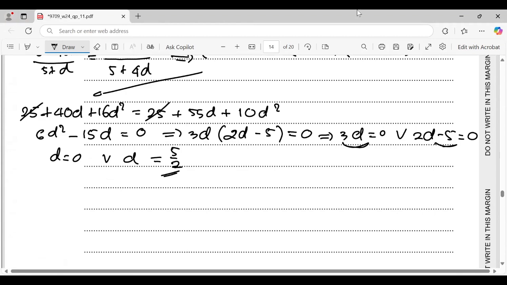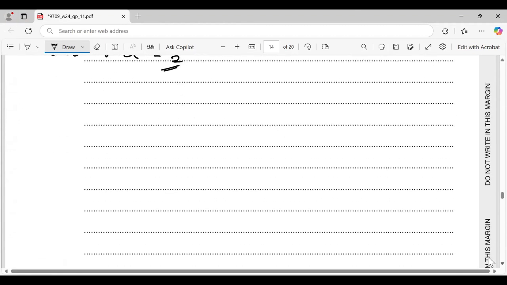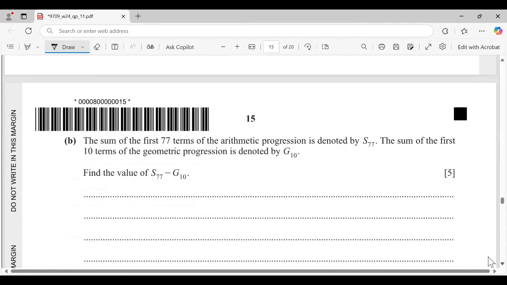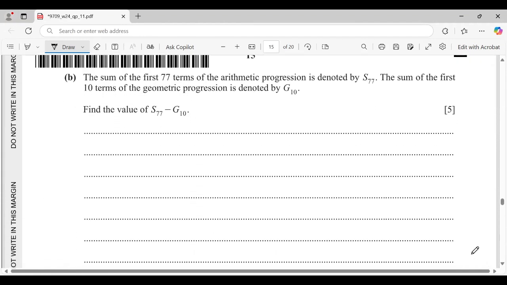Next question, part B. So the common difference is 5 half. The sum of the first 77 terms of the arithmetic progression is denoted by S77. The sum of the first 10 terms of the geometric progression is denoted by G10.